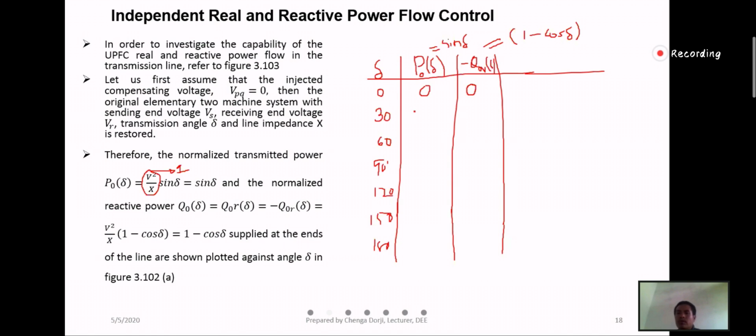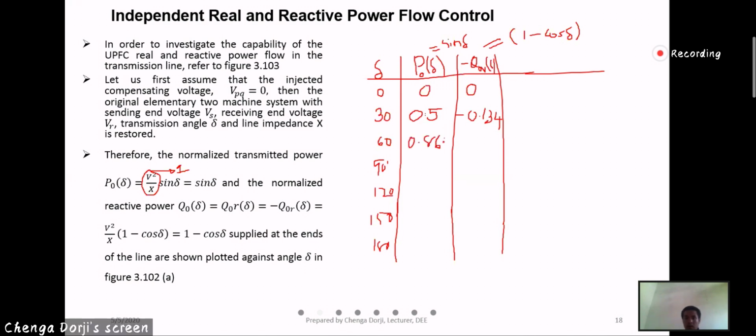When 30, sine 30 is 0.5. Here 1 minus cos 30 is 0.134, so minus 0.134. Then sine 60 is 0.866.